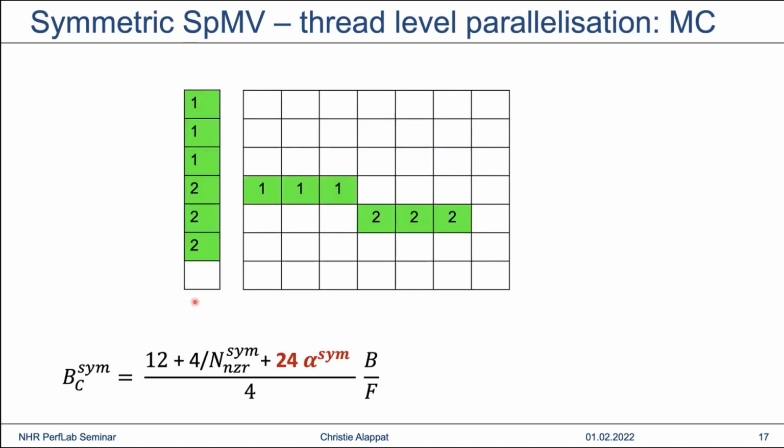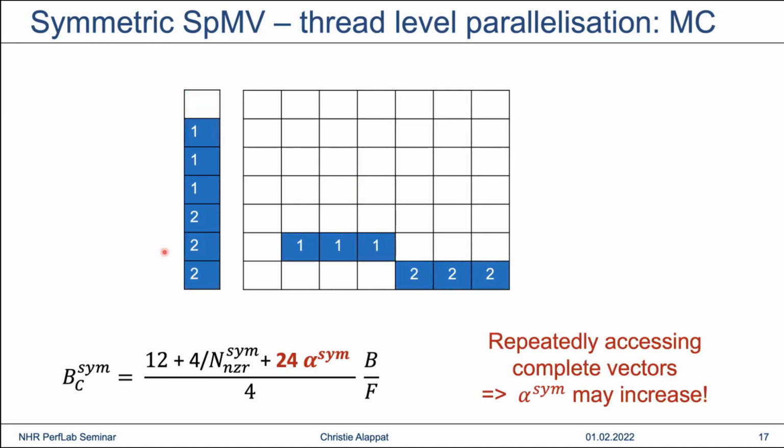And for the next color, we would need to load the y vector again. So if you have more colors, we would need to repeatedly load the y vector. And this can increase our alpha factor and therefore increase our code balance. And this can also be seen in the experiments.